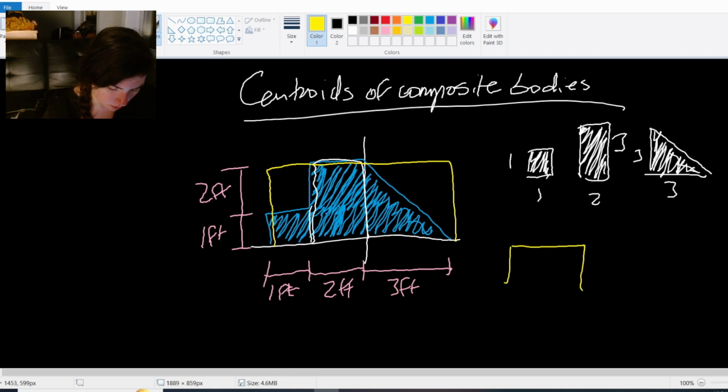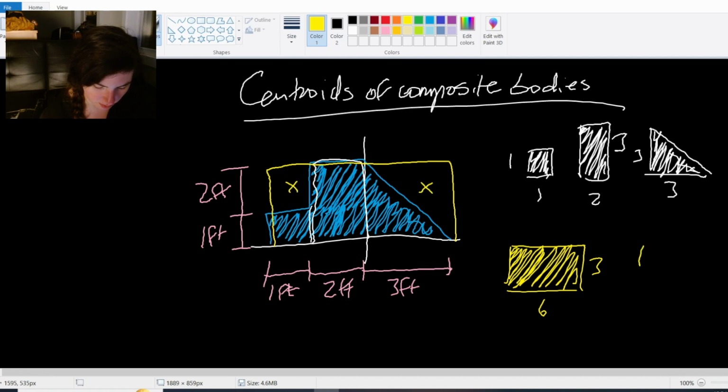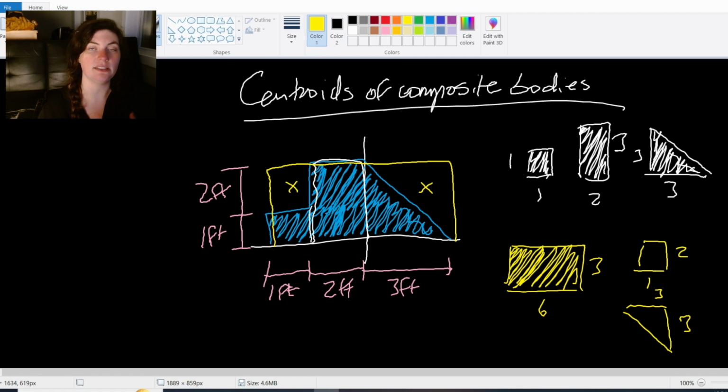So here, taking the whole rectangle that I see, which is a 3 by 6, and then subtracting out these blank spaces, right? So I have these voids, we call them. So here I have a void that is 2 by 1, and then that triangular void up there, again, 3 by 3. And these voids, instead of adding them, I'll be subtracting them out. I could take the centroid of the big thing and then subtract out the centroids of the little things.